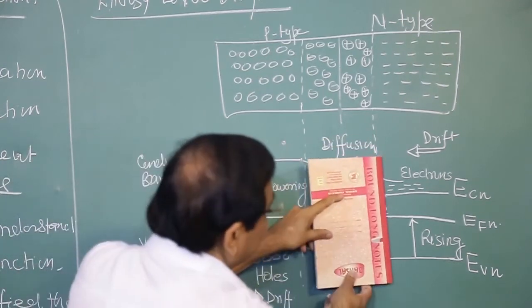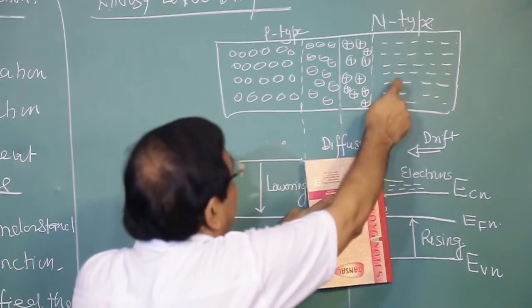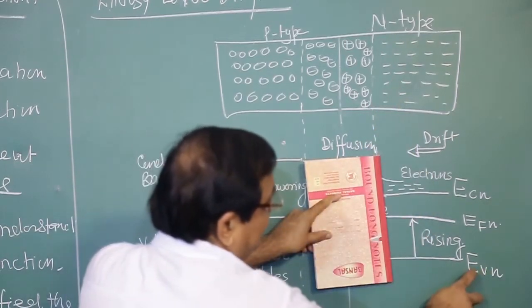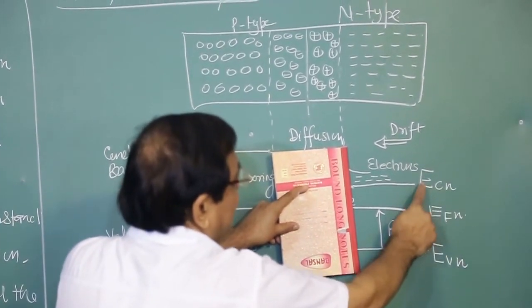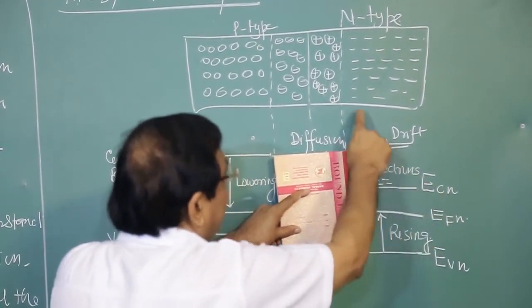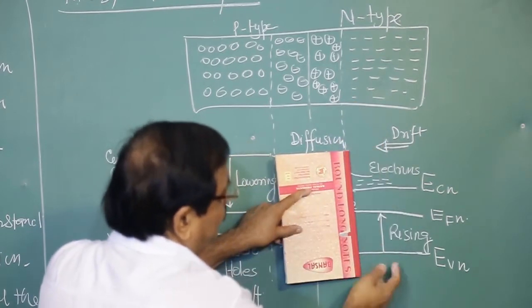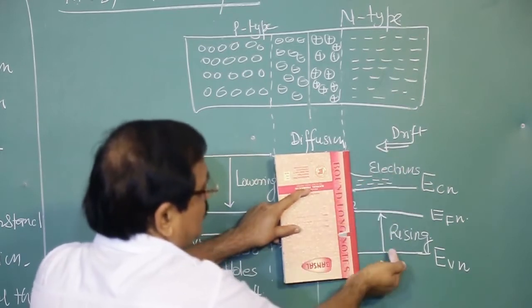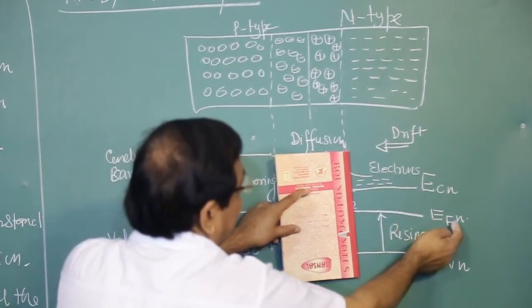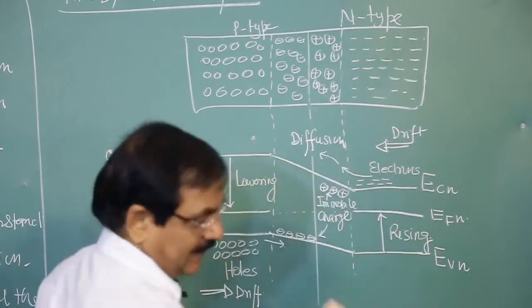Now, in this case, the n type semiconductor: this is the valence energy band of n type, this is the conduction energy band. When pentavalent impurity is doped, the bands rise. So, it is E F N, the Fermi energy of n.